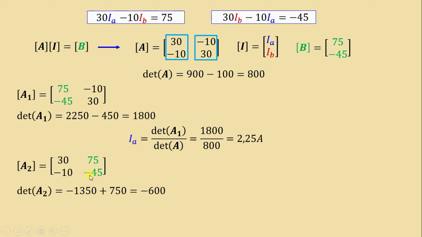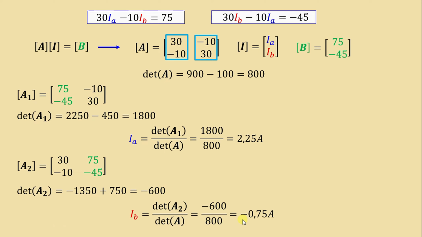The determinant of A2 is given by 30 multiplied by negative 45 minus negative 10 multiplied by 75 is equal to negative 1350 plus 750 is equal to negative 600. Now we can find IB by determinant of A2 over determinant of A is equal to negative 600 over 800 is equal to negative 0.75 amps.